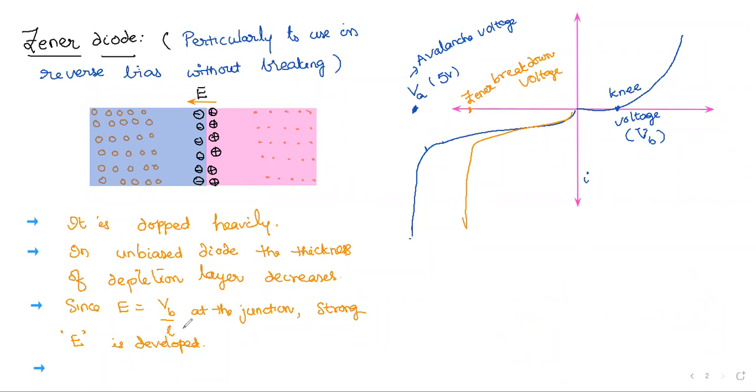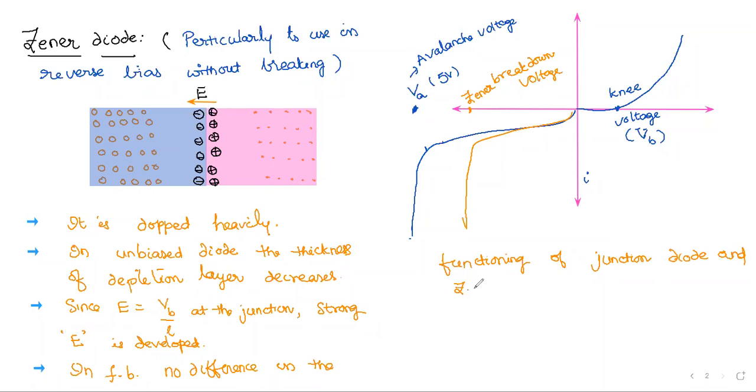Very good. Here I can say from that, in forward bias, no difference in the functioning of ordinary, that is junction diode, and Zener diode.